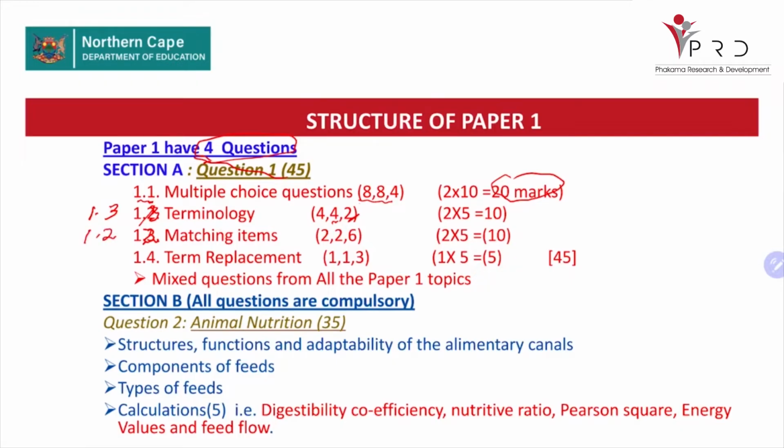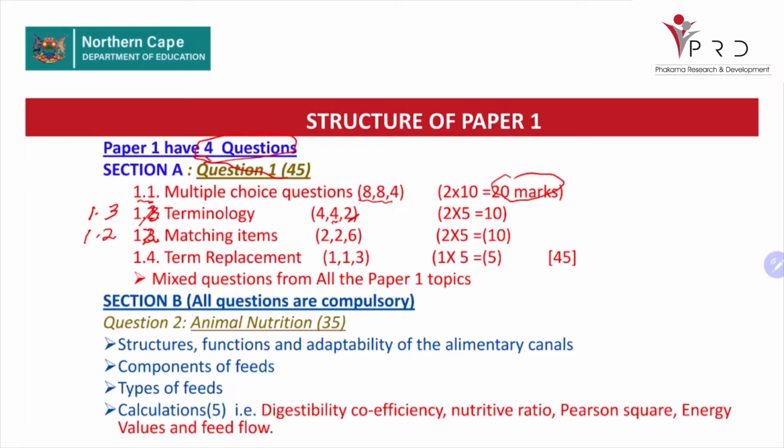And in your paper one with match columns, you are given 2 columns, A and B, and another column with descriptions, whereby it will tell you to provide your answer as A only or B only, or you have to indicate if both statements are correct. And you don't just write both, you write both A and B. If there is no statement that is correct, you only write none.